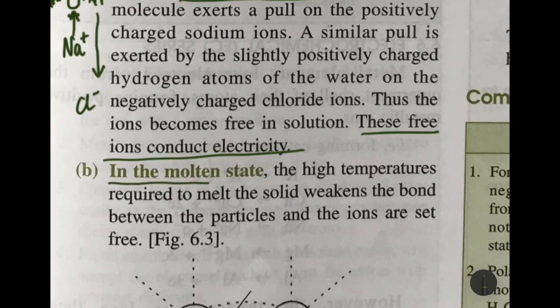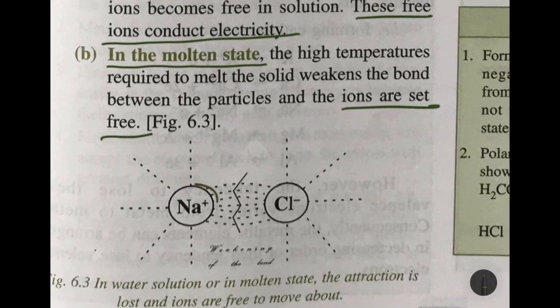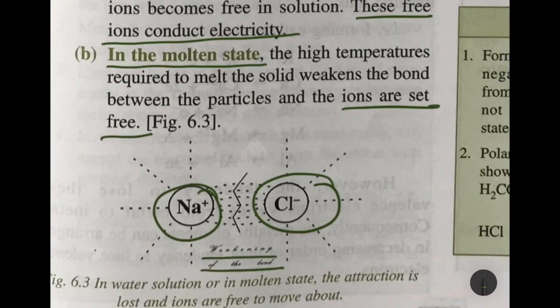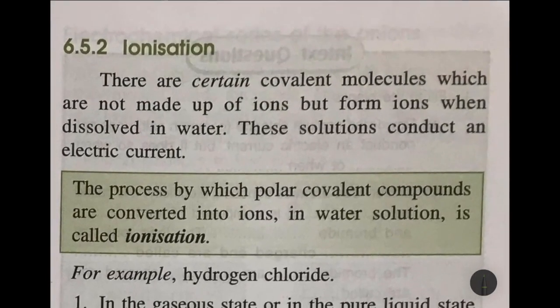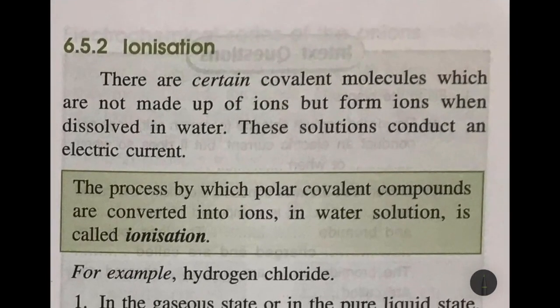And in the molten or melted state, the high temperature required to melt the solid sodium chloride makes the chemical bond between the particles weak and the ions are set free. That is, sodium and chloride ions become free. The bond becomes weak, so free mobile ions are there, which carry the electric current.